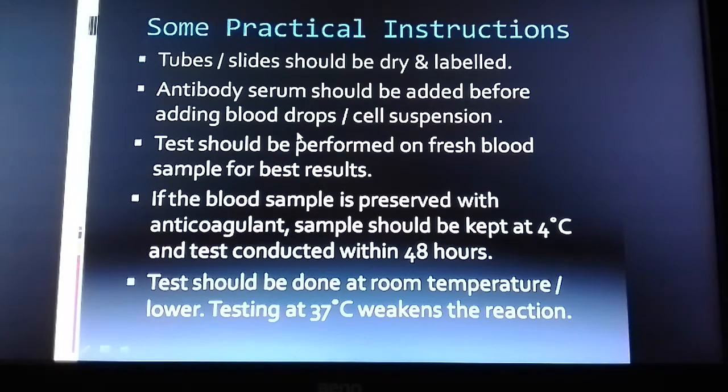Otherwise there would be confusion whether it is of A drop or B drop or D drop. And one more thing to be noted is that antibody serum must be dropped first during the test process, then over the drop you can add the blood sample.